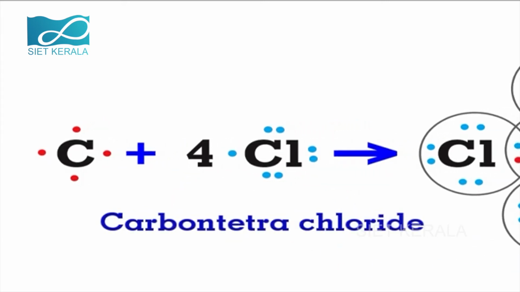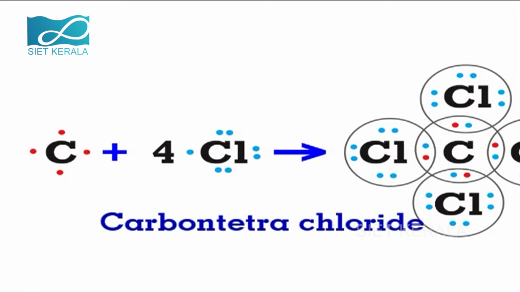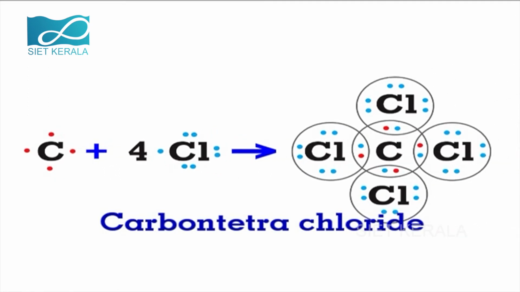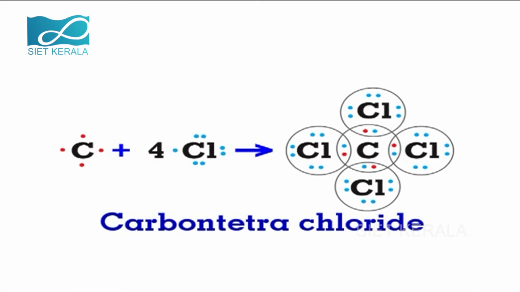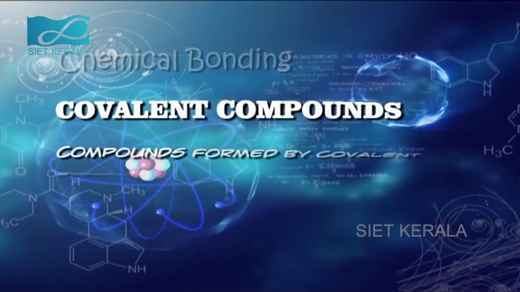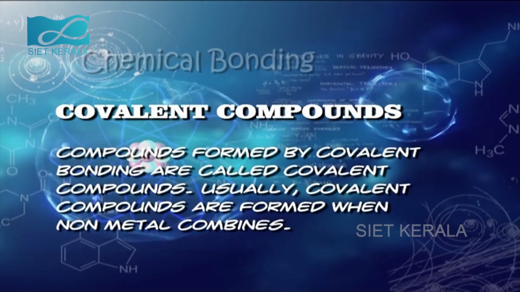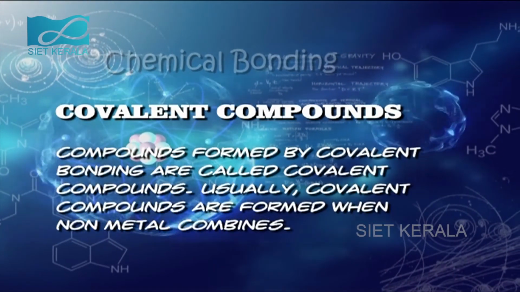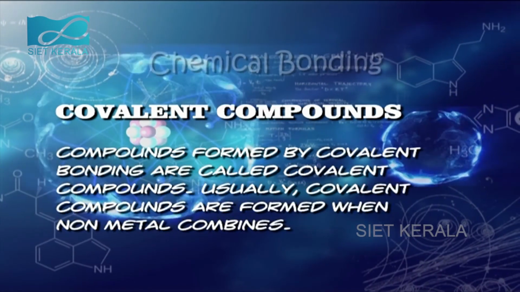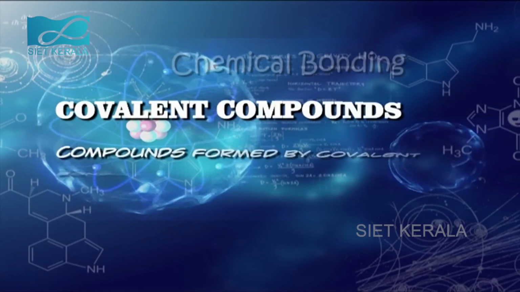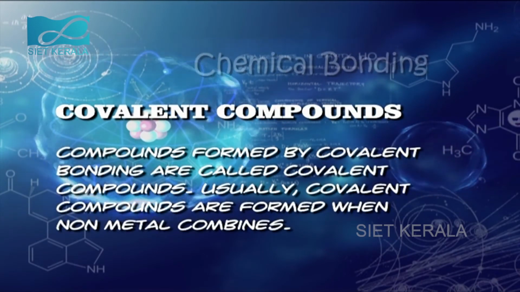If a carbon atom is combined with 4 chlorine atoms, 4 pairs of electrons are shared and form carbon tetrachloride. So, compounds formed by covalent bonding are called covalent compounds. Usually, covalent compounds are formed when non-metals combine.